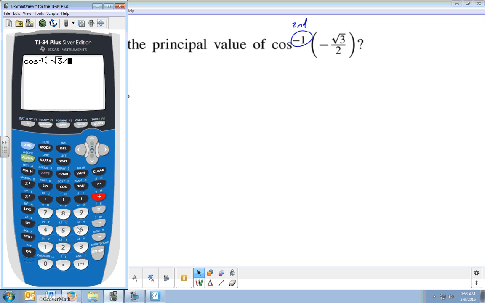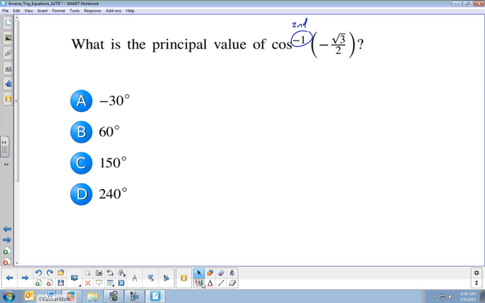Let me get the answer. It should be 150, I think. It is 150. And the reason why it's 150 is, when is cosine rad 3 over 2? That's at the 30 degree mark, but cosine is negative here. Cosine's negative in the second and third quadrants, so you're looking at either 150, which is 30 short of 180, or 30 past 180, 210.